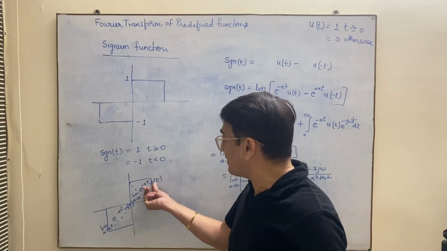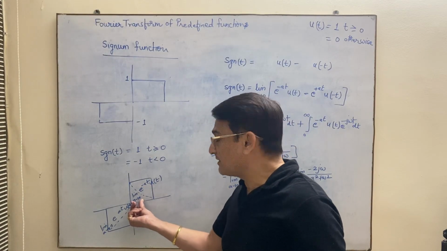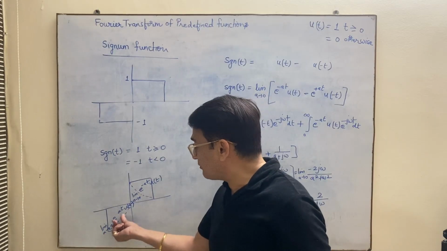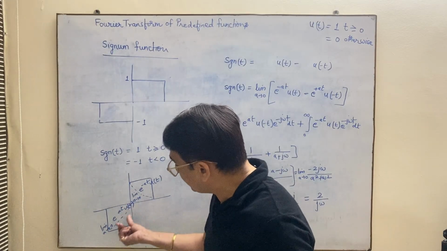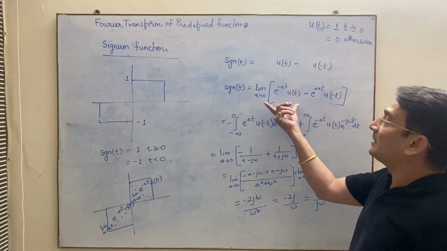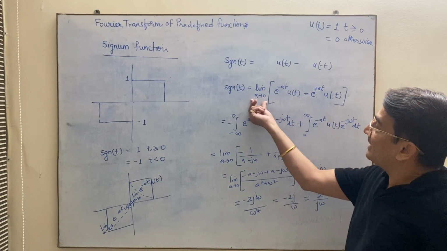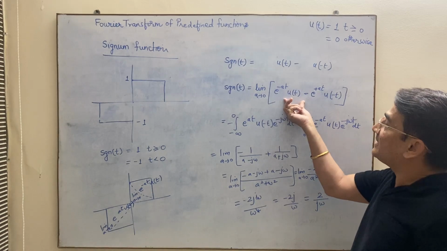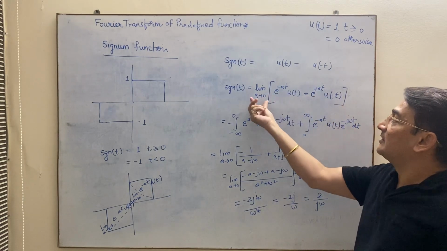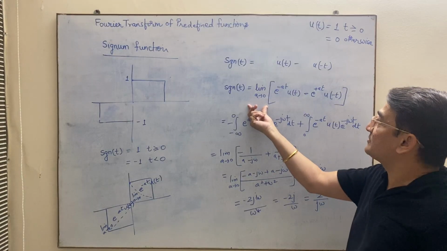So this is e to the power minus at u(t) with the limit a tends to 0. Similarly, this is the negative part, so it will be e to the power at u(minus t) with the limit a tends to 0. So this u(t) can now be modified: limit a tends to 0, e to the power minus at u(t) minus e to the power plus at u(minus t), both with the limit a tends to 0.